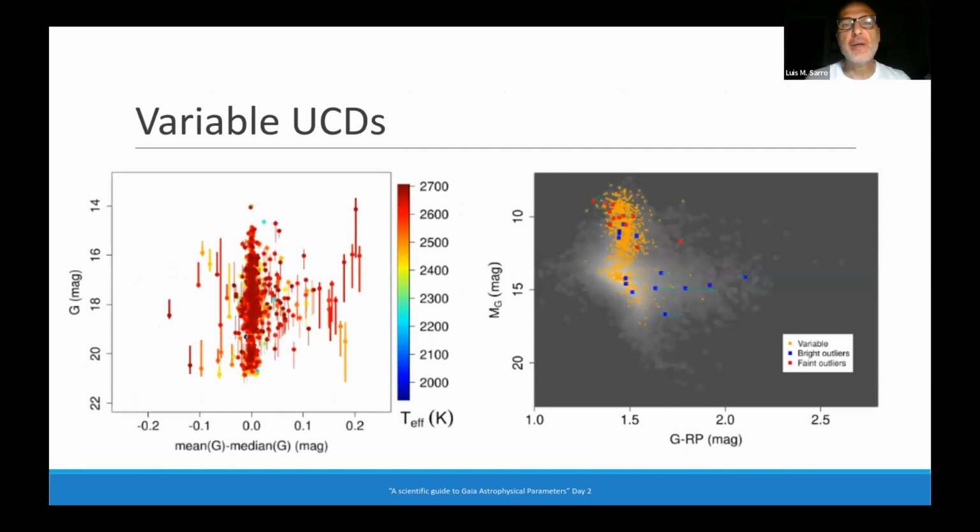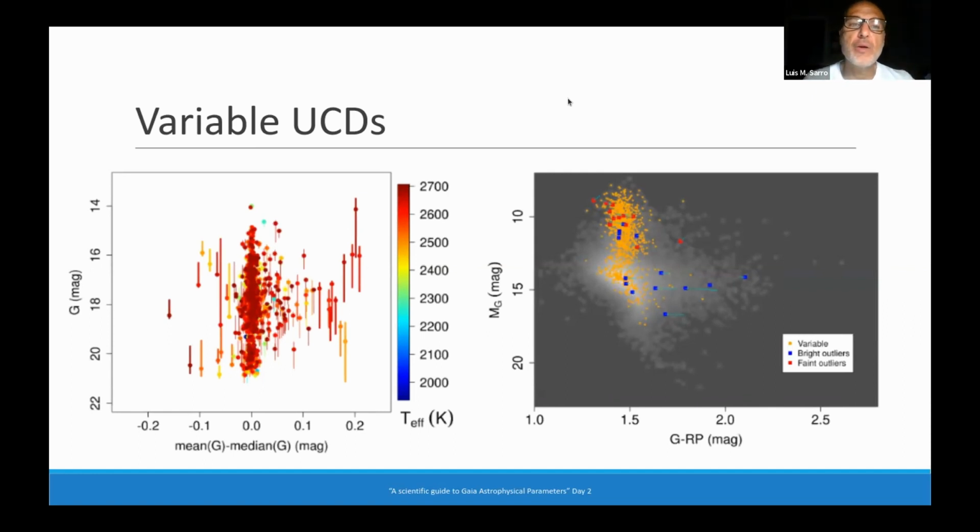I'm finishing here. This is also two plots. You have available the full DR3 catalog. You can cross-match the results from the ESP-UCD catalog with the other parts of the Gaia archive.